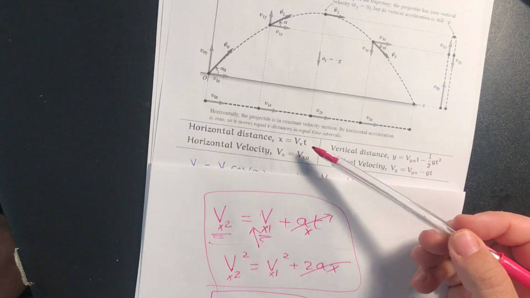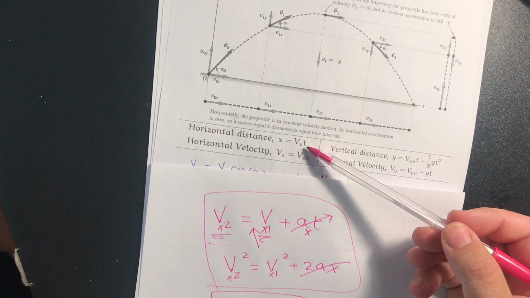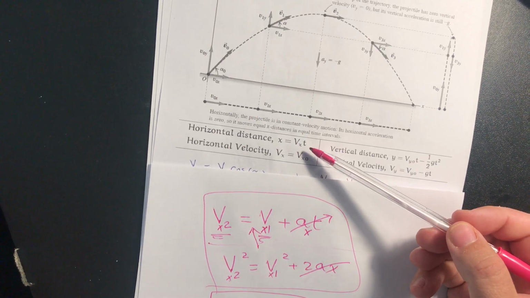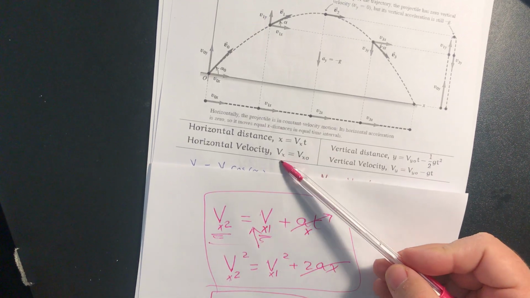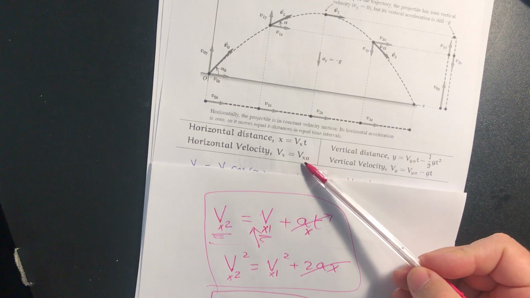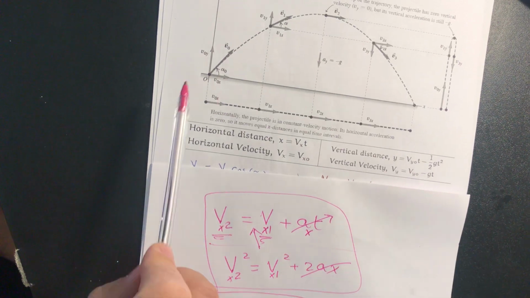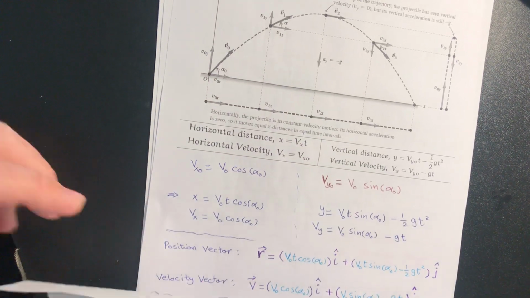So we have just two equations in horizontal motion, which is x is equal to vx multiplied by t. It is the simple equation of velocity. And vx is always equal to vx at t equal to 0. And we start the motion from 0, 0. What about the y?